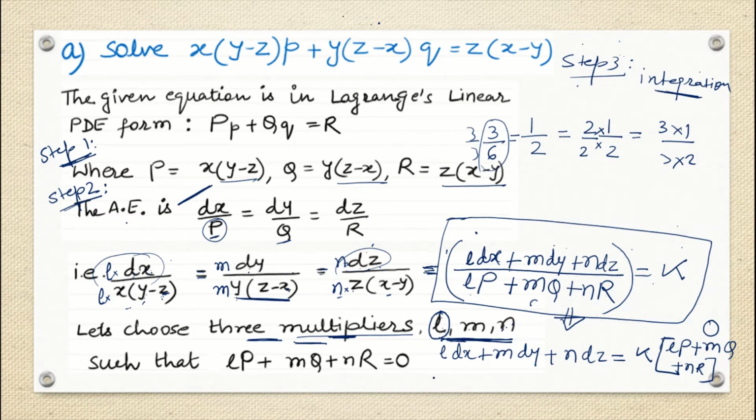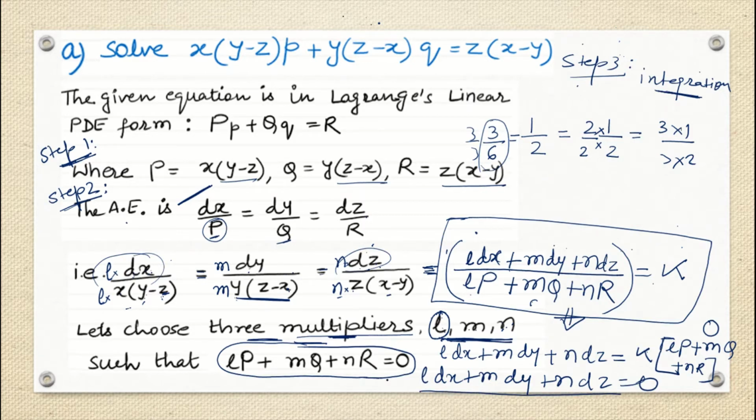That means l dx plus m dy plus n dz will become 0. Correct? Because we have said that lP plus mQ plus nR is 0, so this numerator is 0. Fine. And this is a very helpful term for us. The reason is that if I reach here, I will say that my step number 2 is over, and now I am moving to step number 3.